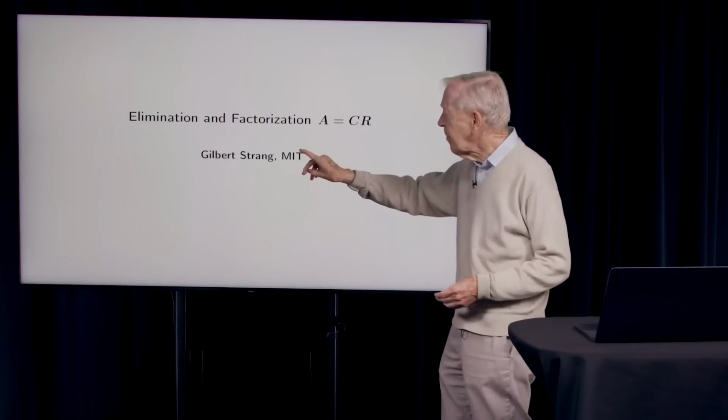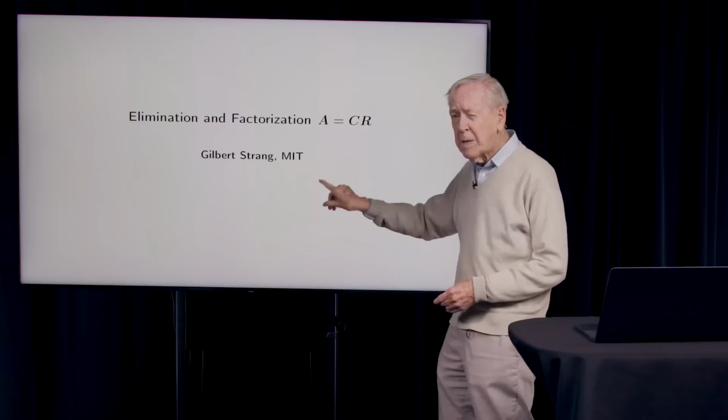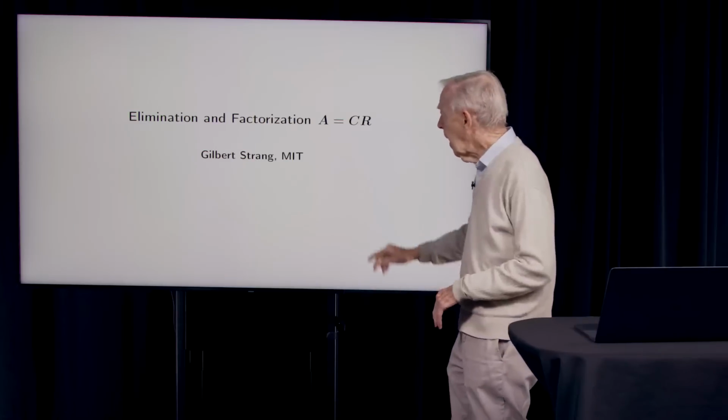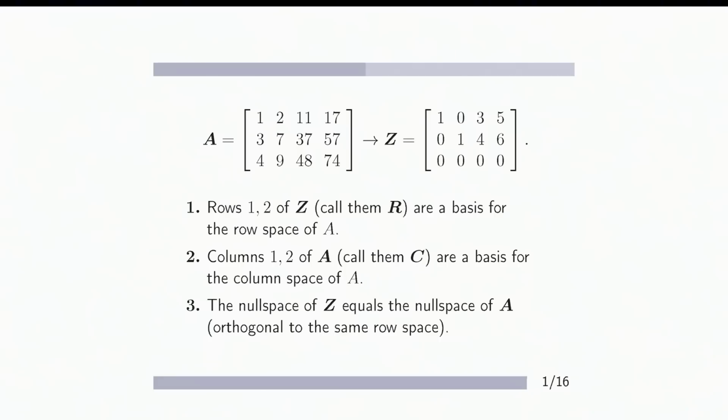So elimination is familiar, but this factorization is newer. Okay, so I'm going to take an example. There is a matrix A, 3 by 4, a pretty arbitrary matrix, and I want to do elimination to it. Let me just describe in words how elimination would start.